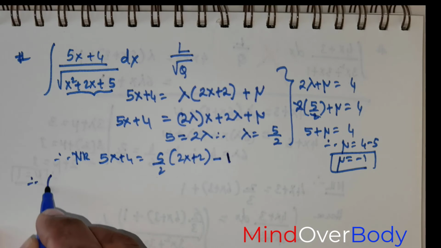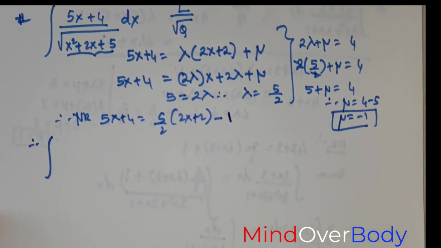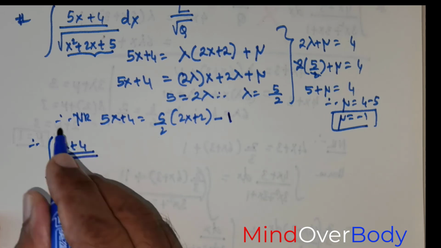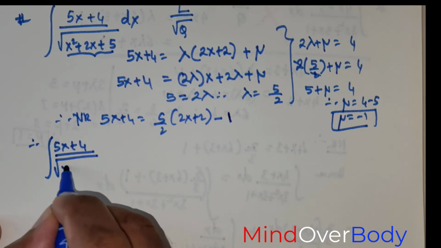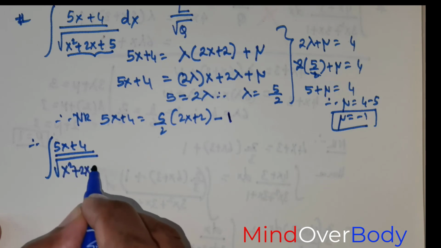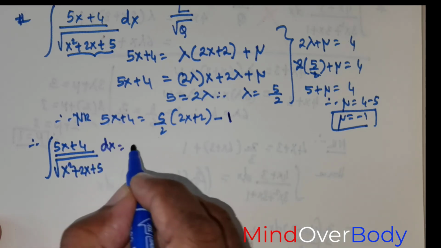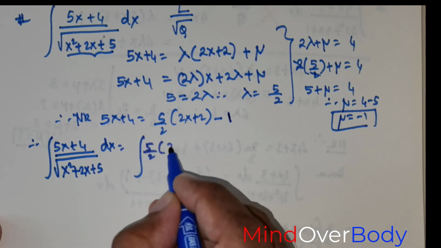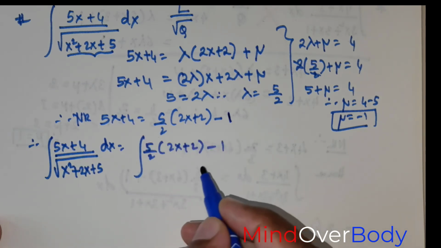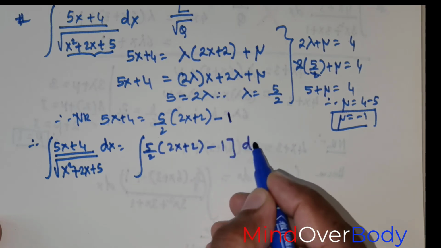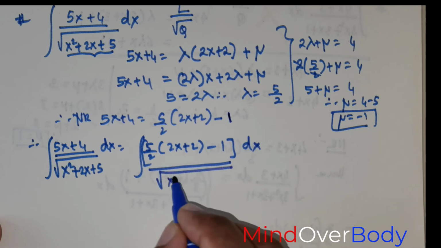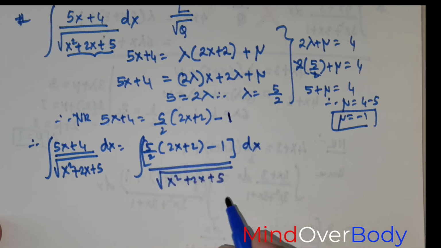Therefore, the given question, 5x plus 4 over root of x squared plus 2x plus 5 times dx, is rewritten as: the numerator is 5 over 2 times 2x plus 2, minus 1, times the differential operator, divided by the denominator x squared plus 2x plus 5. So I can split this into two integrals.